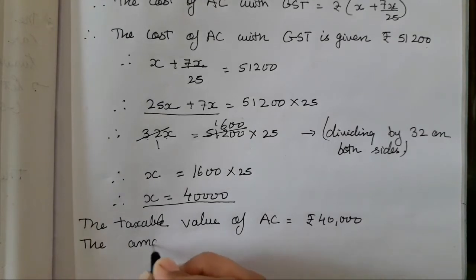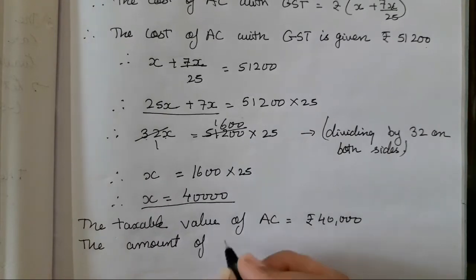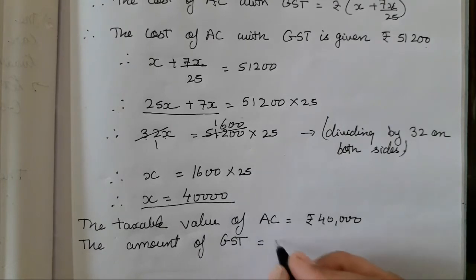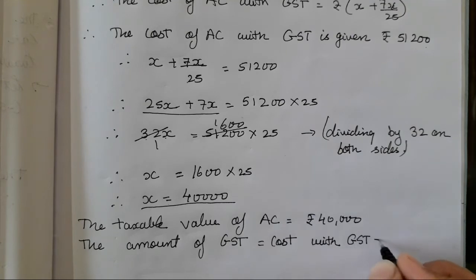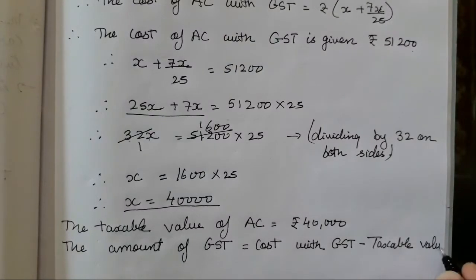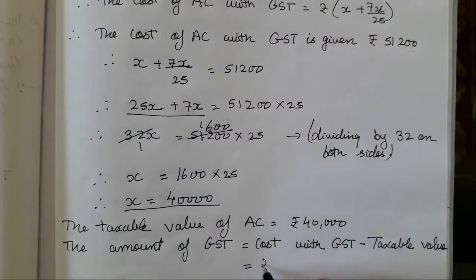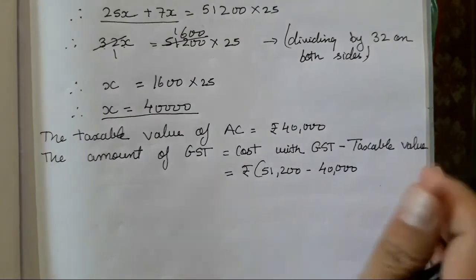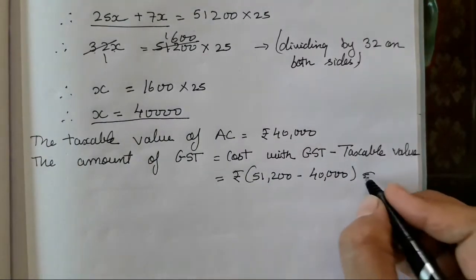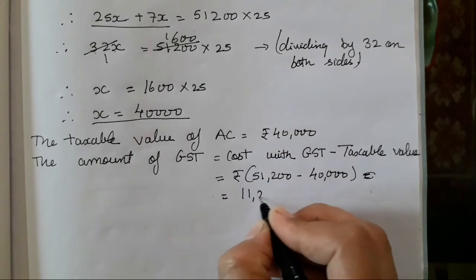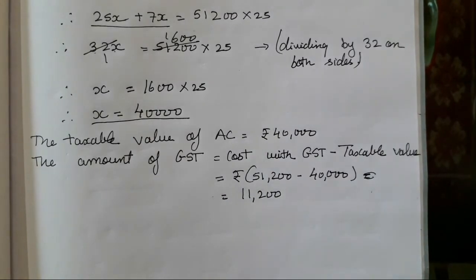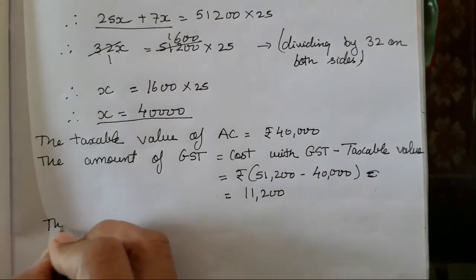The amount of GST is equal to cost with GST minus taxable value, which is supposed to be rupees 51,200 minus 40,000, which is equal to 11,200.